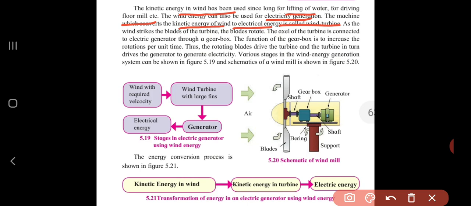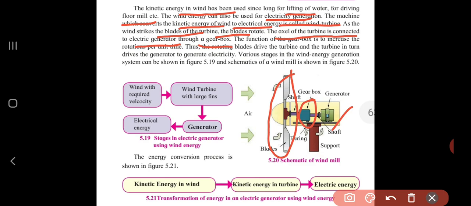So as the wind strikes the blades of the turbine, the blades rotate and the axle of the turbine is connected to electric generator through a gearbox. So this is a gearbox connected to generator.